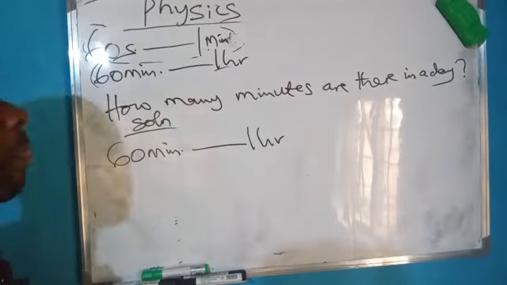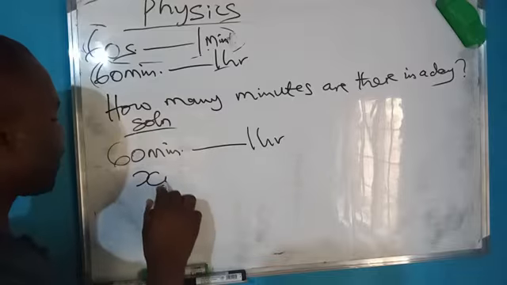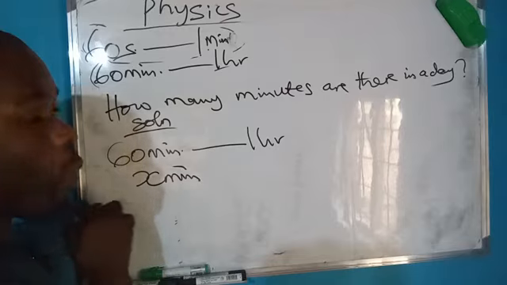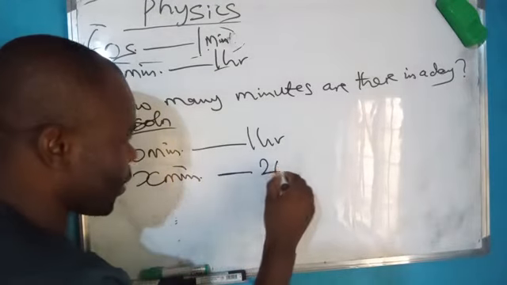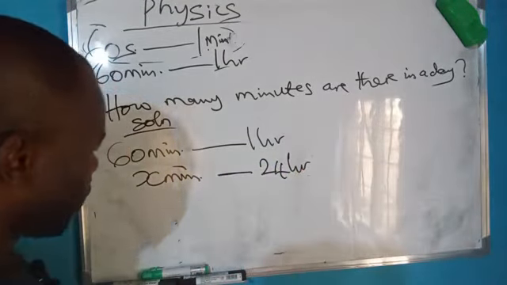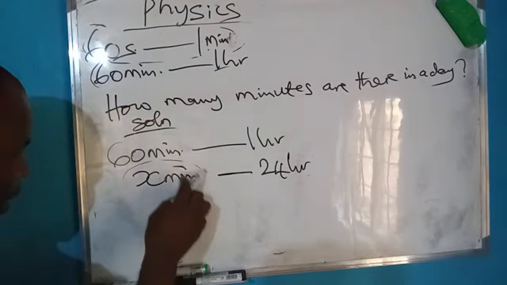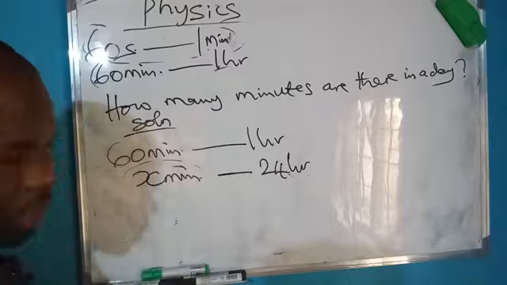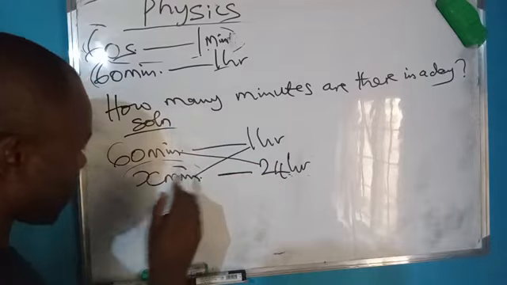Okay, now you write unknown minutes. You have not known the number of minutes that are in 1 day that will give you these 24 hours, which is 1 day. Then you cross multiply.